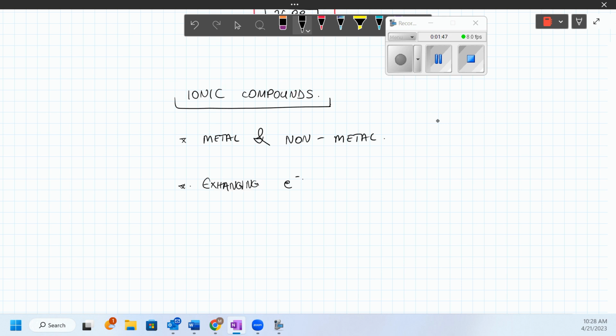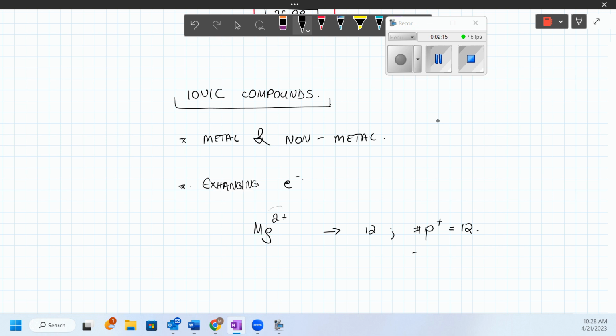So let's suppose that we take magnesium, which here is a +2. It is in the 12th place of the periodic table, meaning the number of protons is equal to 12.